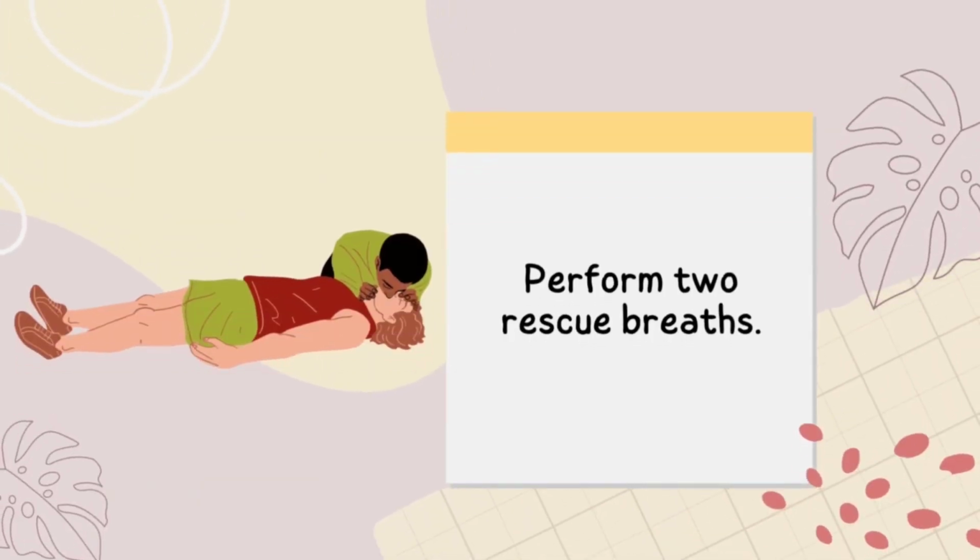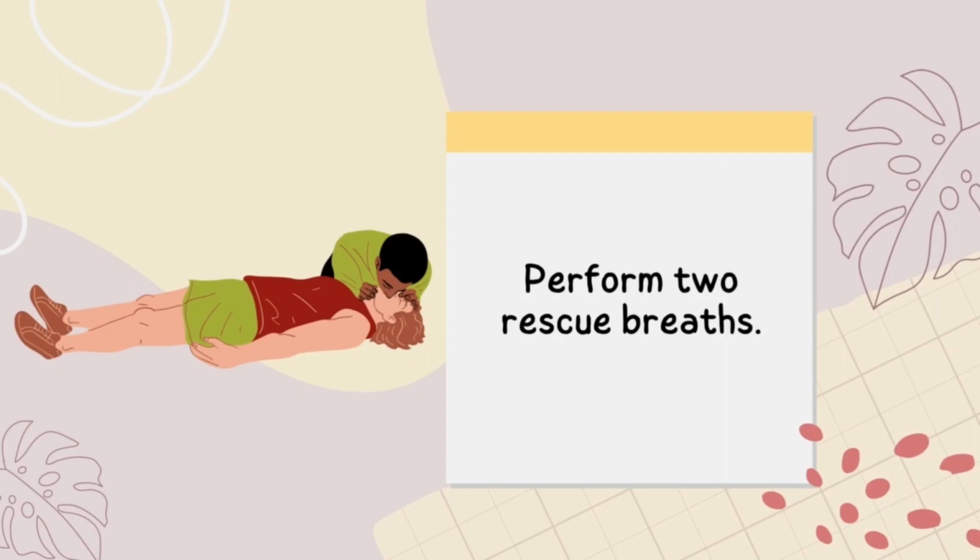Step 5. Perform 2 rescue breaths. Make sure their mouth is clear. Tilt their head back slightly and lift their chin. Pinch their nose shut. Place your mouth fully over theirs and blow to make their chest rise. If their chest does not rise with the first breath, retilt their head.